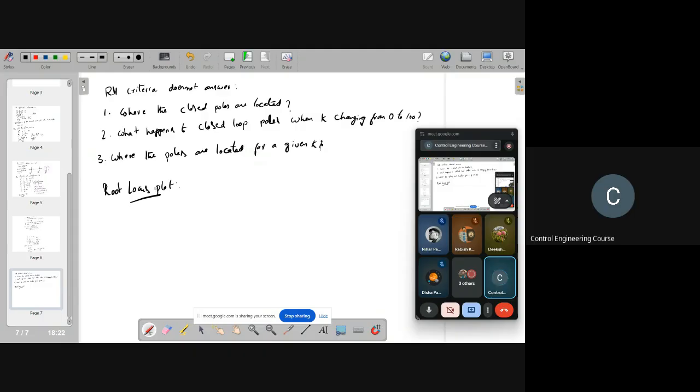The root locus plot is basically the trajectory, or the locus, traced by closed loop poles as k changes from 0 to infinity. So this is exactly what root locus gives us.